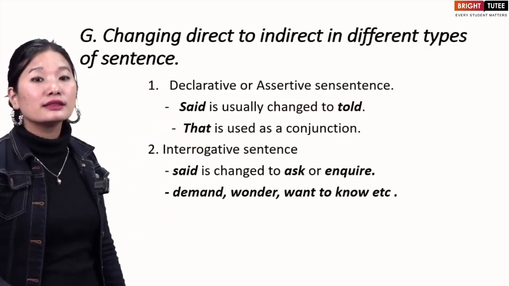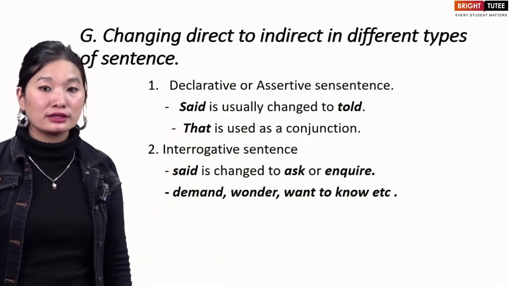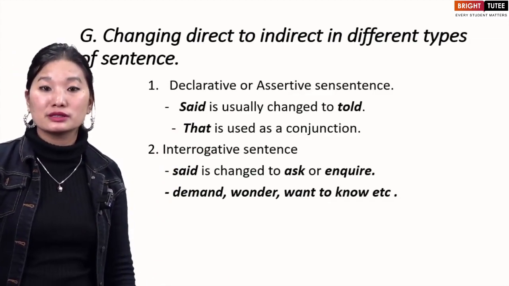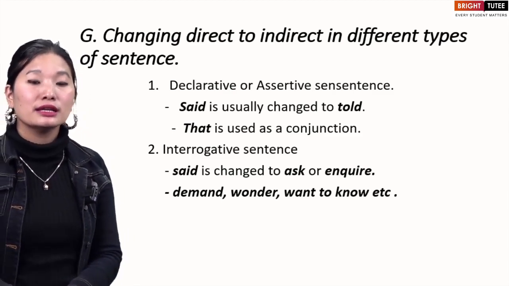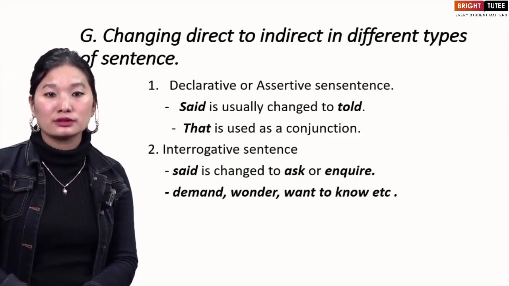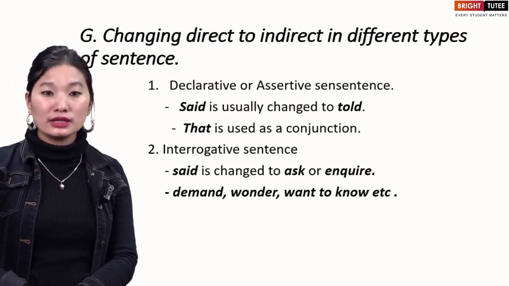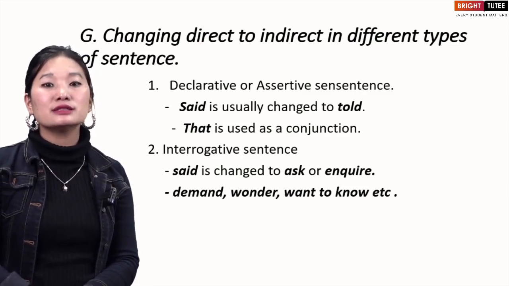And then the next one is changing direct to indirect in different types of sentence. There will be different types of sentences, okay? And I will show you how you have to use it in a declarative or assertive. If there is anyone who does not know what is declarative or assertive, it is a statement.